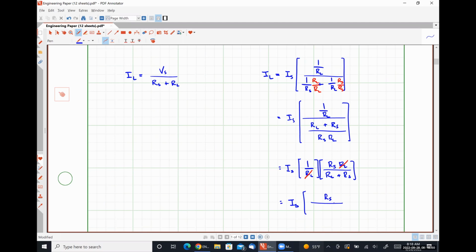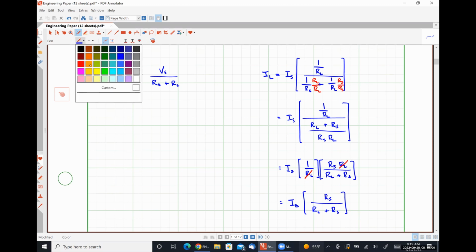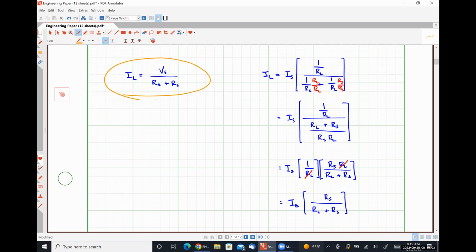of RS over RL plus RS. So we have this thing for IL on the left-hand side, this thing for IL on the right-hand side.